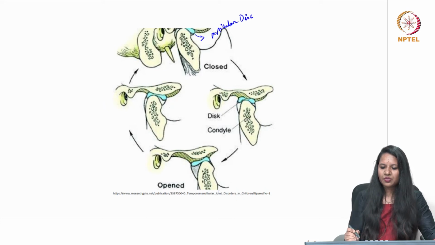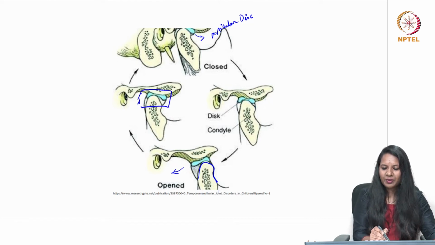So, when the mandible is opened, see the posterior rotation of the articular disc along with that of the condyle, and again when it is closed, it comes back to the normal position.